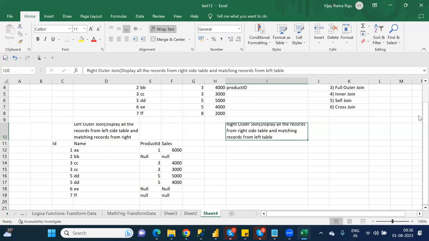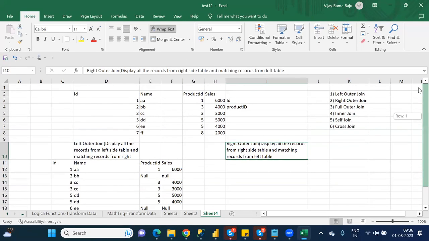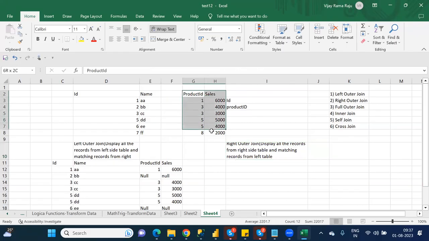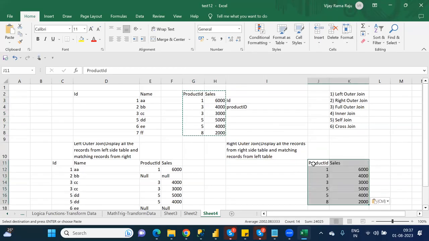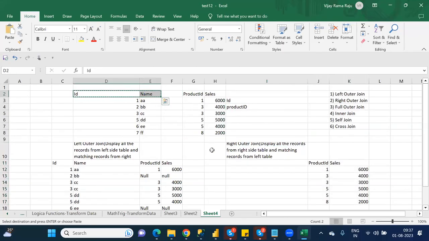Now, first, which table do you need to take? The right side table. When you apply left outer join, you need to design the left table. So when you apply right outer join, you need to design the right table first. Coming to the left side, what values are displayed?